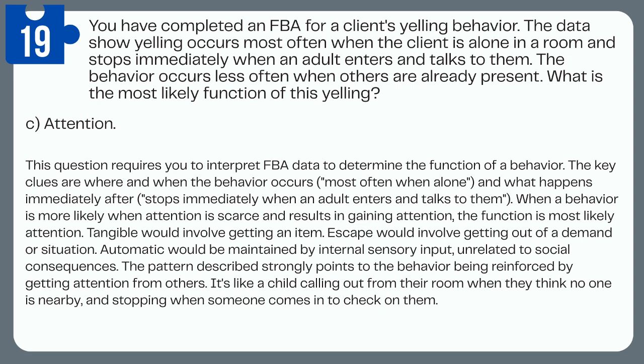Tangible would involve getting an item. Escape would involve getting out of a demand or situation. Automatic would be maintained by internal sensory input, unrelated to social consequences. The pattern described strongly points to the behavior being reinforced by getting attention from others. It's like a child calling out from their room when they think no one is nearby, and stopping when someone comes in to check on them.